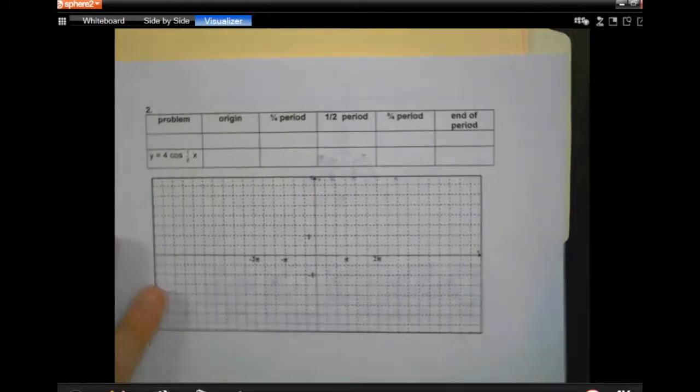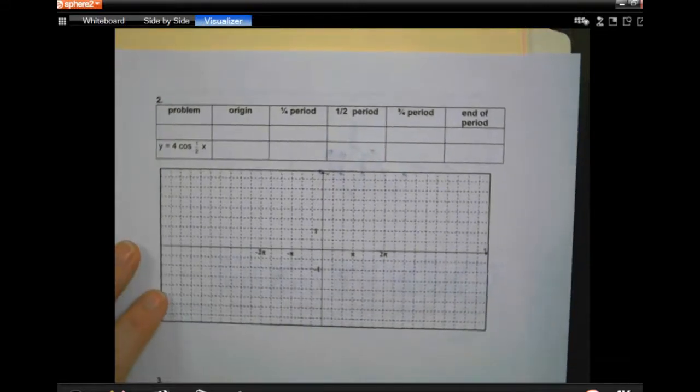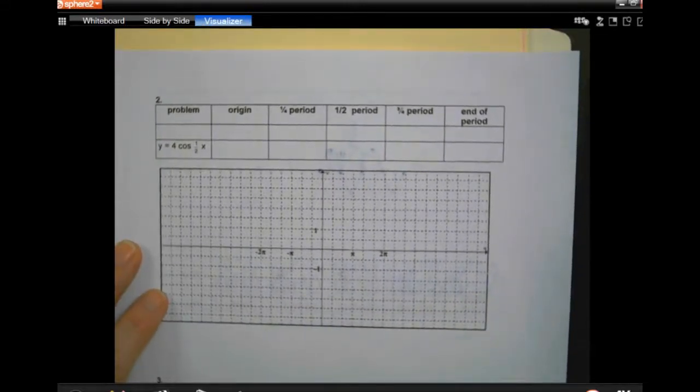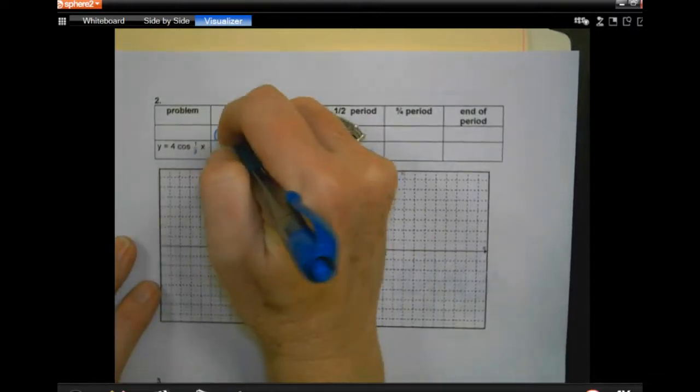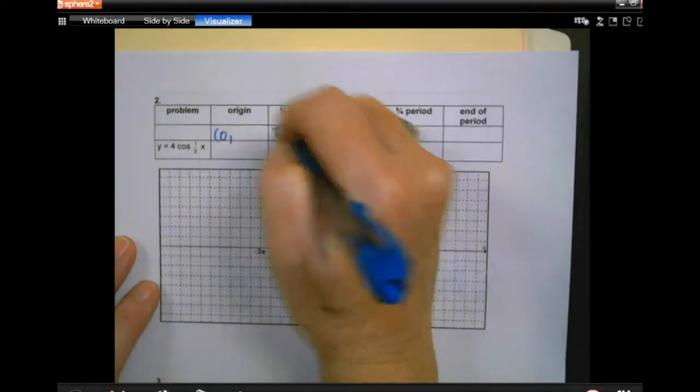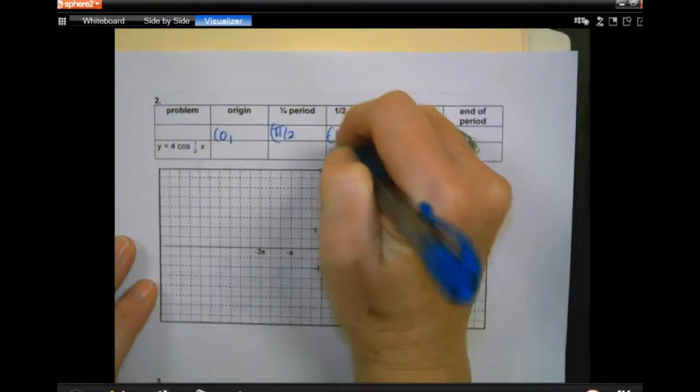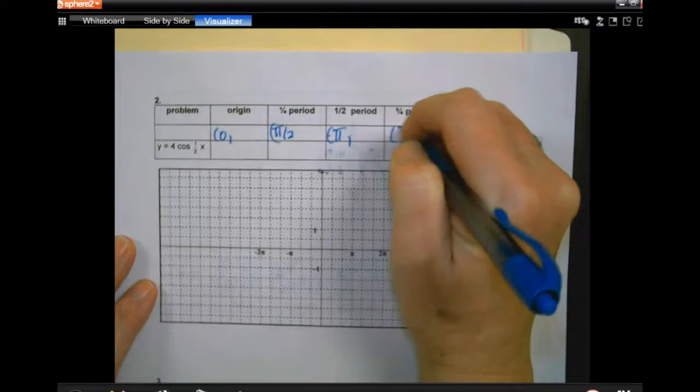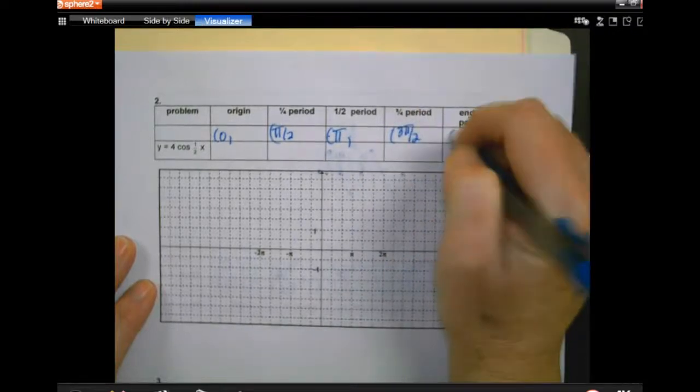Okay, turn your paper over. So before you start, write down all the quadrantals. It's the first thing you're going to do. 0, pi over 2, pi, 3 pi over 2, and 2 pi.